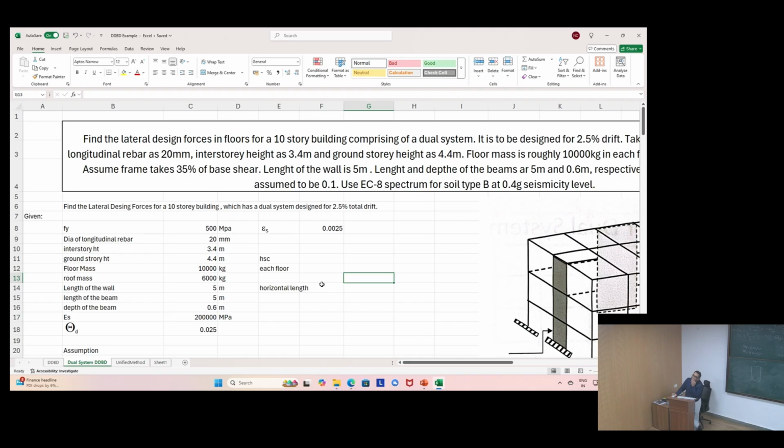Okay. Young's modulus for steel is 200,000 megapascals. So that means your yield strain for steel is 500 divided by 200,000, which is 0.0025. Following so far?